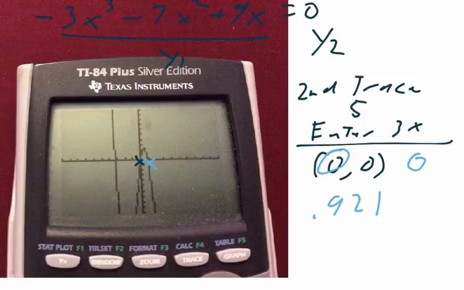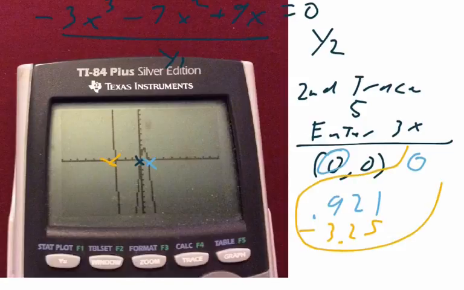And then lastly, I'm going to find that one over there. It should be around negative 3, and it's in fact negative 3.25. And so these are my 3 answers for the zeros of that particular problem.